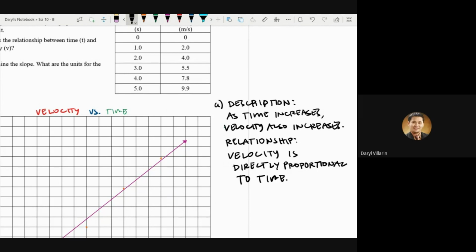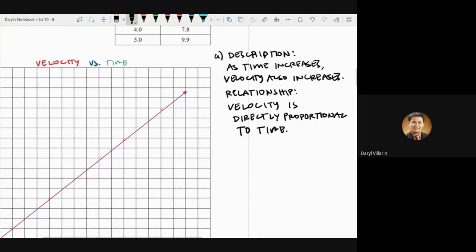So your graph gives you direct proportionality. That means that there's a uniform increase between the two variables. If you can see, for every second, there's an equal amount of increase in the velocity. That's what it means to have direct proportionality between two quantities.